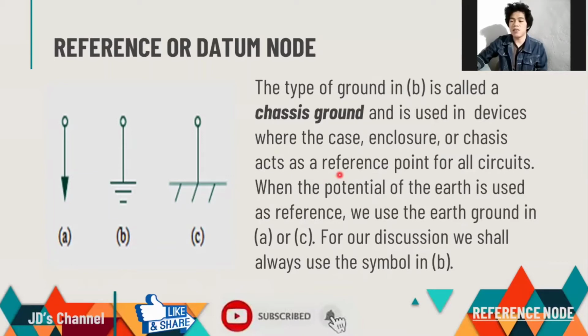When the potential of Earth is used as reference, we use the Earth ground in A and C. Okay? So for our discussion, we shall always use the symbol in B. So ito po class ang ating gagamitin during our discussion. Kaya yan, yung ating makikita sa ating mga circuit.